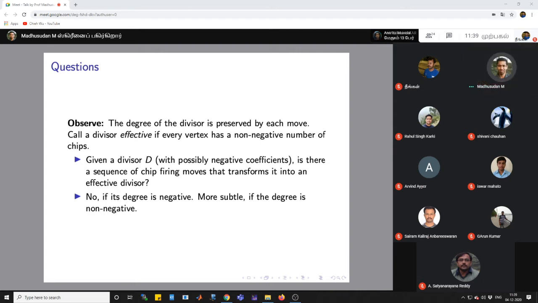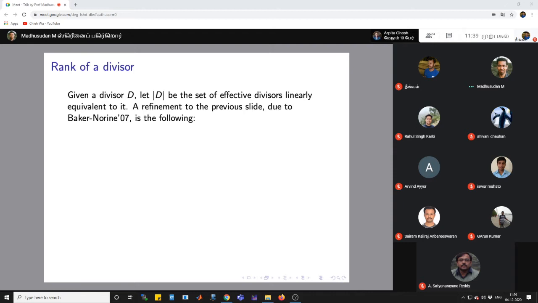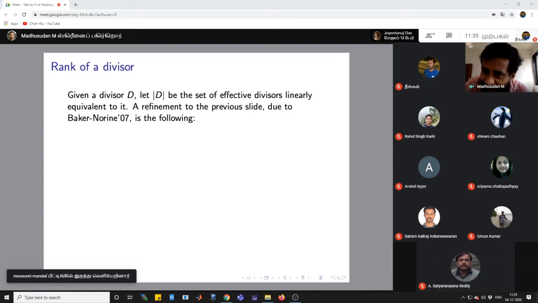We'll quantify this through the notion of the rank of a divisor. We'll associate an integer to a divisor, called its rank. How do we do this? First, given a divisor D, we associate the set bar D, which is the set of all effective divisors that are linearly equivalent to it.